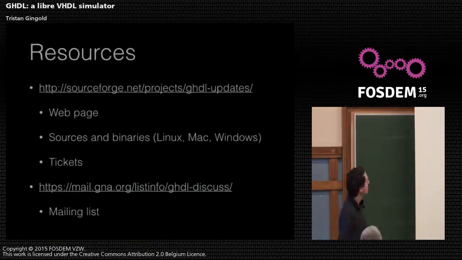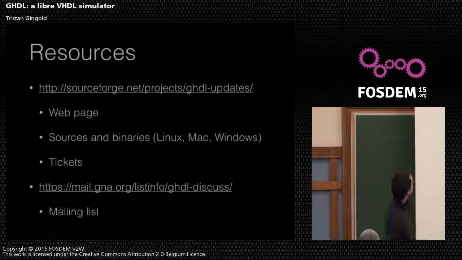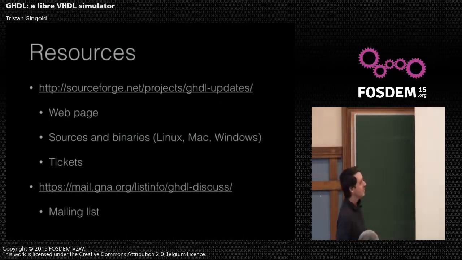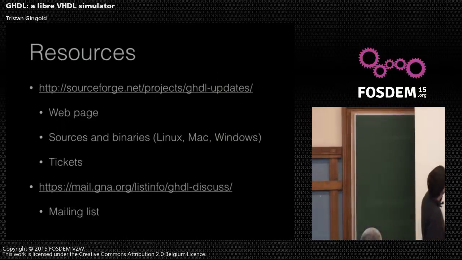For reference, the project moved from GNA.org to SourceForge recently, last year. You can get an up-to-date copy of GHDL from this site. The sources are available, of course, and there are binaries for Linux, Mac, and Windows.